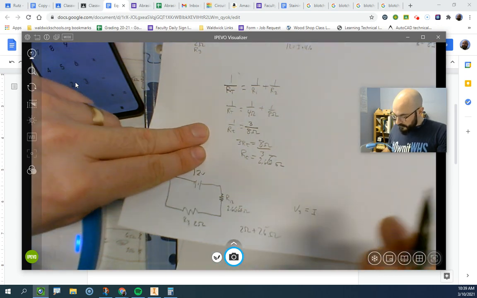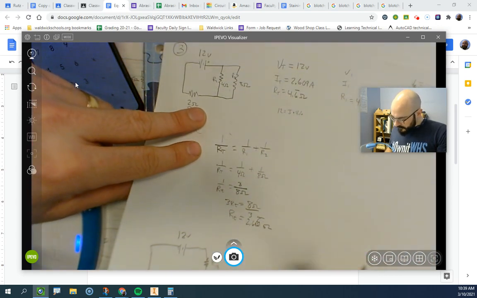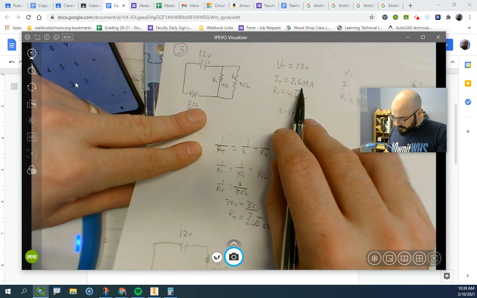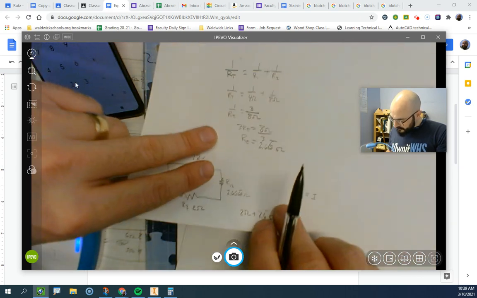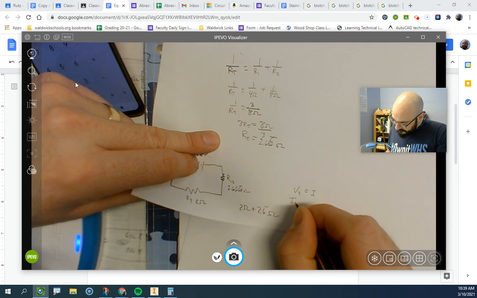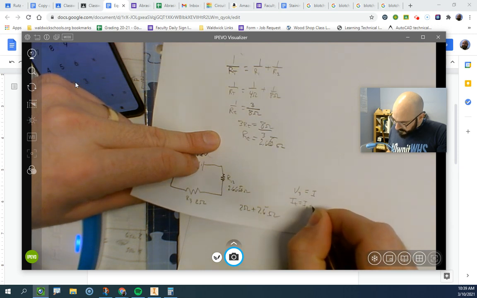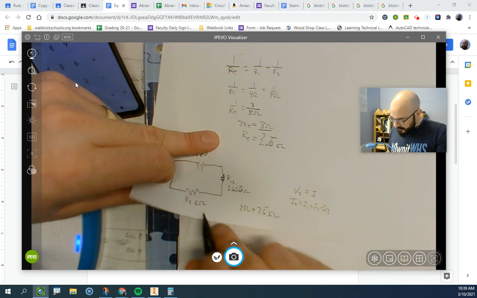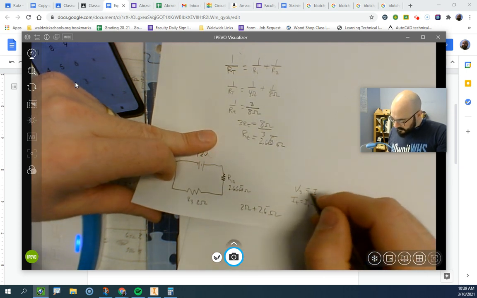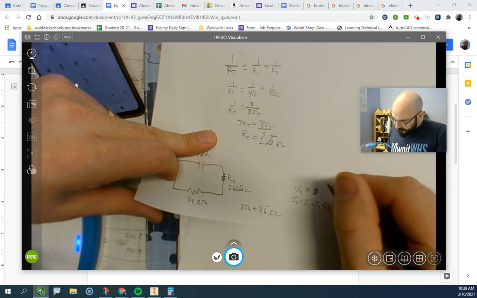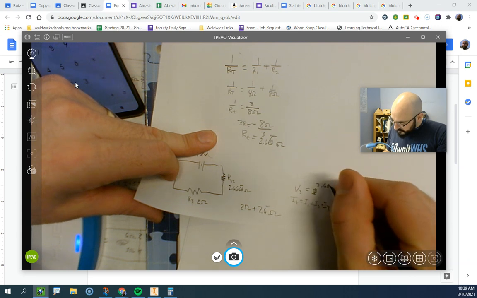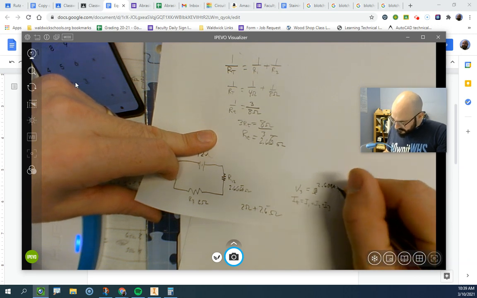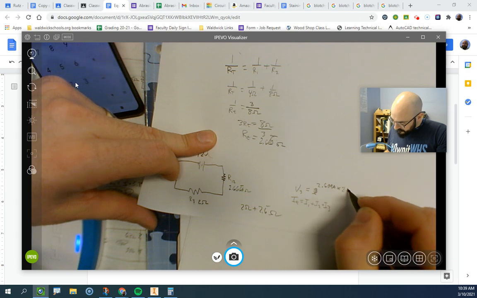Current should be the same. So IT equals I1 plus I2 plus I3. That's what I'm talking about. So here, V3, we're trying to find out. Current 3 is 2.609 amps times a resistance of 2 ohms.